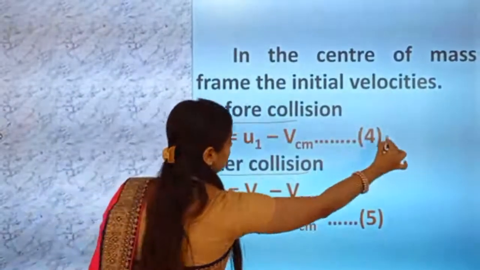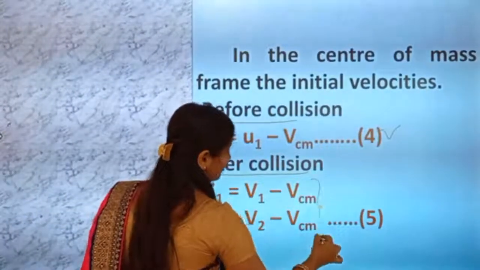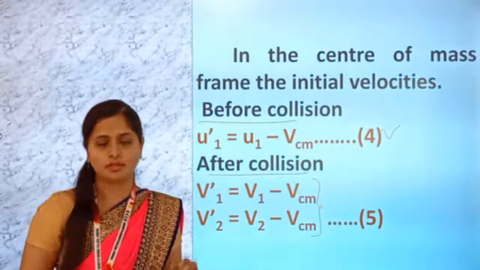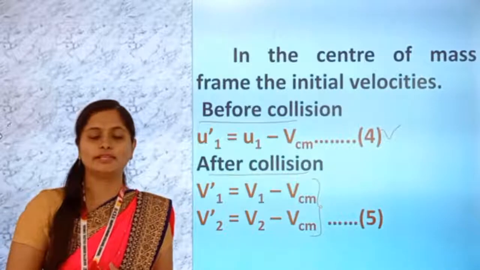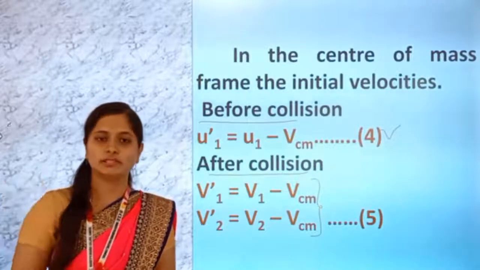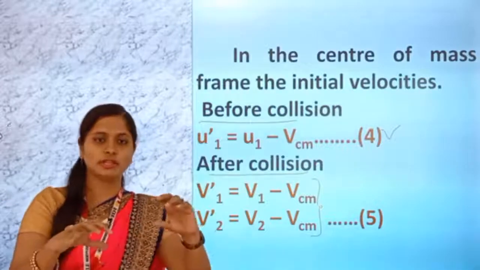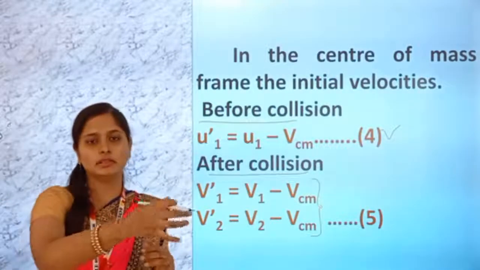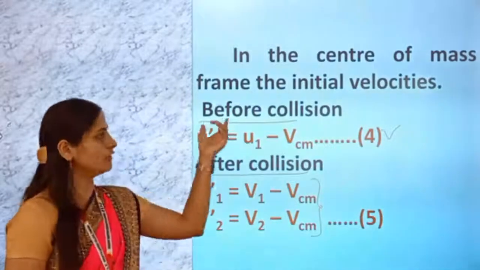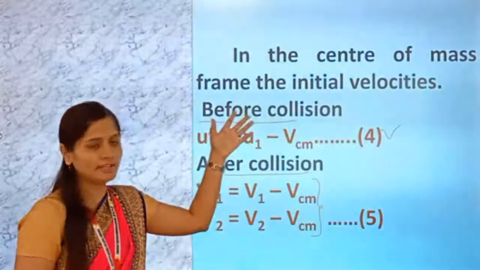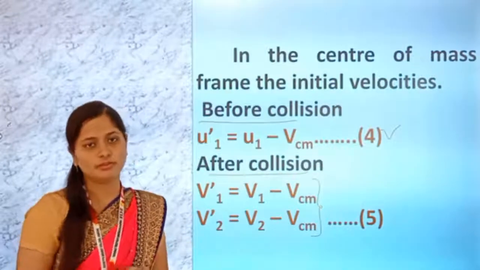So this is called equation number 4 and these two equations are called equation number 5. Got it? In the center of mass, the mass is in the rest position. When two particles come together, a collision happens, there is a little motion, and then it goes to the rest position. So before collision and after collision we are getting equation 4 and equation 5.